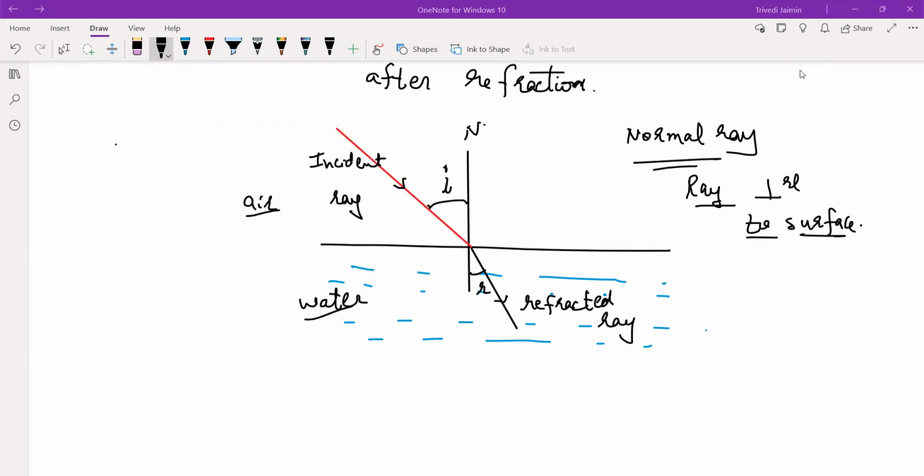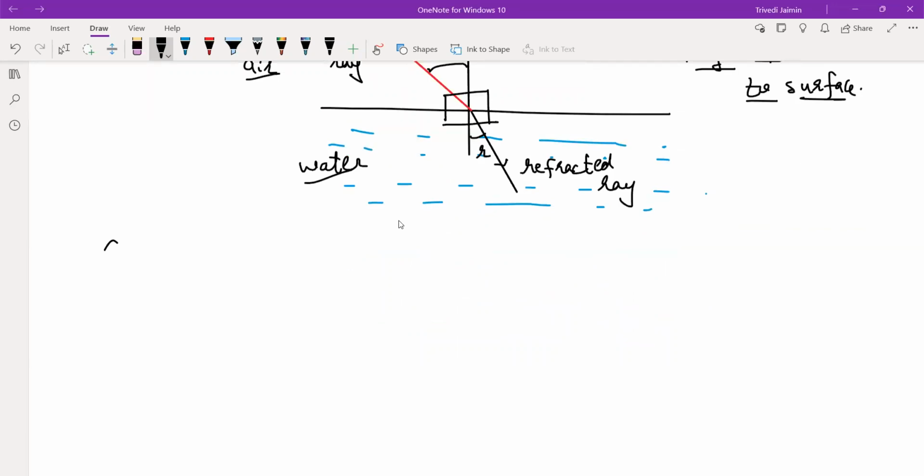Now, what is the cause of refraction? How does it happen? Why is it happening here? I think because of the change in direction. Change in direction. Yes.